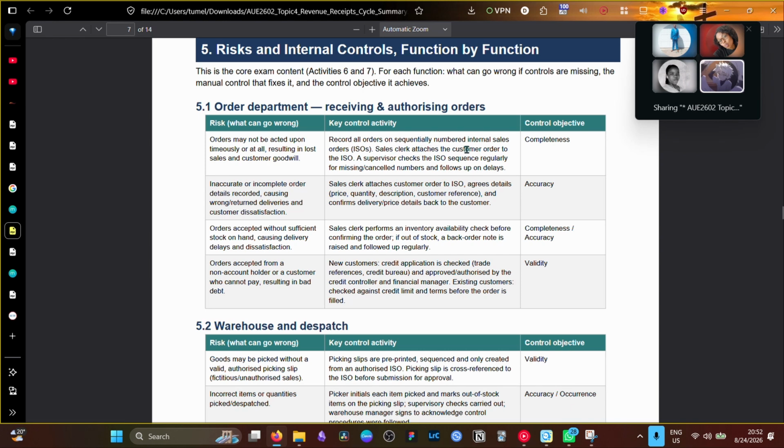The sales clerk attaches the customer order to the ISO. So you see, the customer order is in the order department. We also find the ISO there. And then a supervisor checks that ISO to see if there are any missing or cancelled numbers and follows up on delays. What is this for?